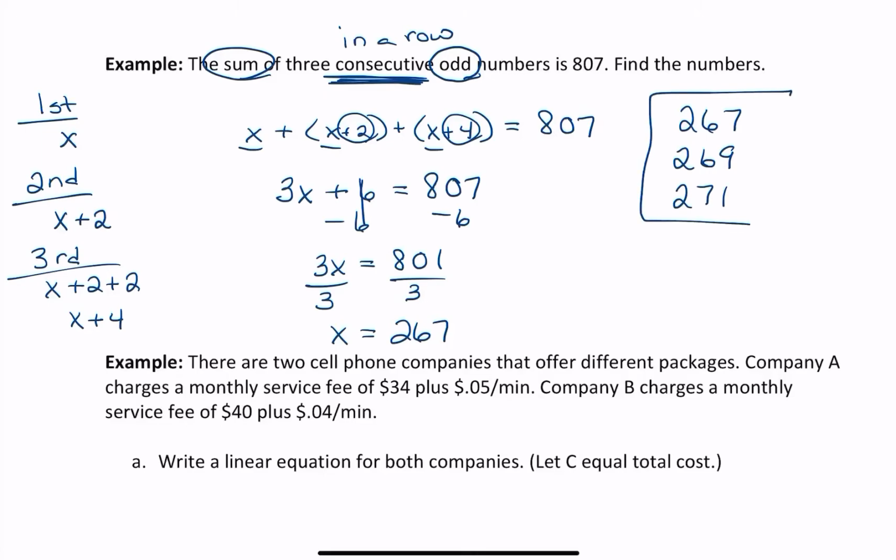So those are my 3 numbers, and then to check that, if you added them up, they will be 807. So that just makes sure, check your answer and make sure it comes out to be what you set your equation up to be.